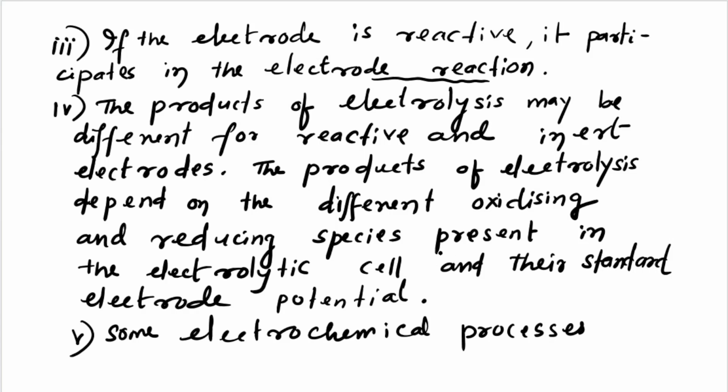When electrolysis is proceeding, there are reducing and oxidizing species in the cell, and you should know their standard electrode potentials, just like Cu2+, Zn2+, Zn, Cu, and what the oxidizing and reducing species are when electrolysis takes place.